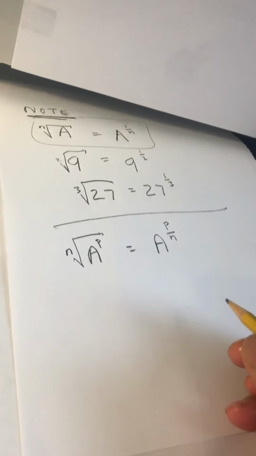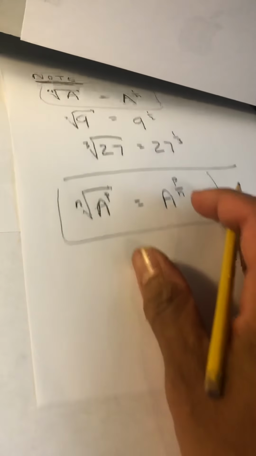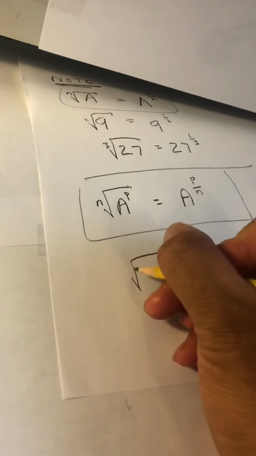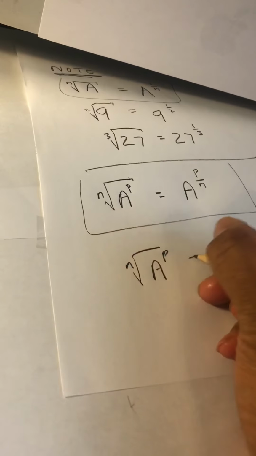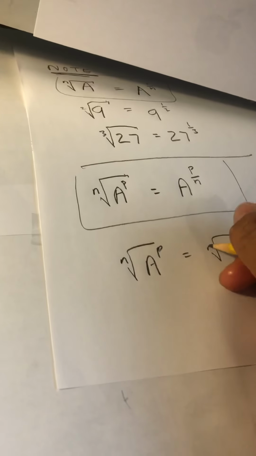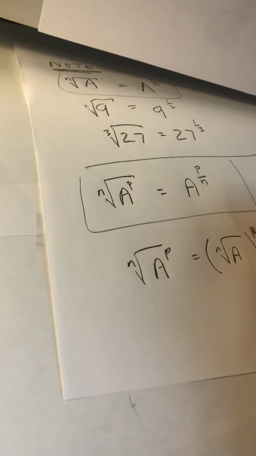I know it's a lot of rules to think about, right? Another rule you have to know is you could look at the nth root of a to the p as the nth root of a raised to the p power.